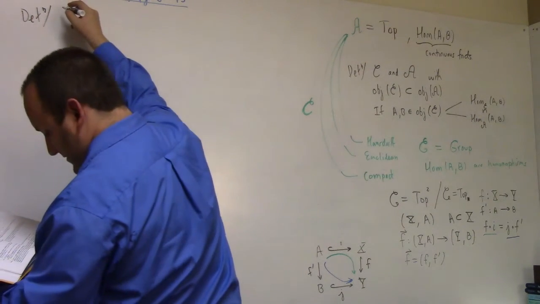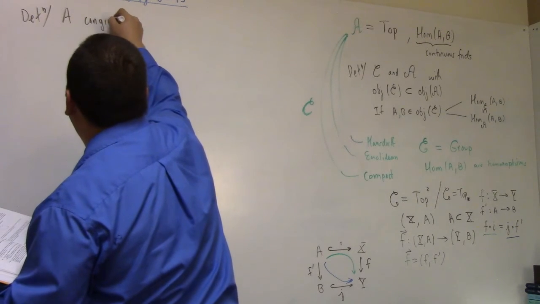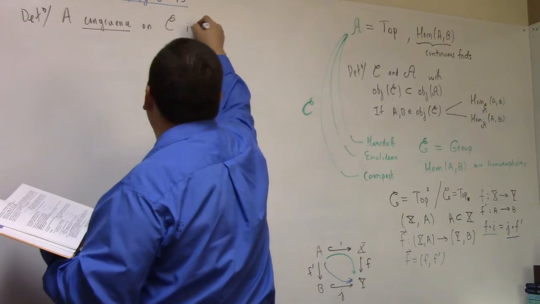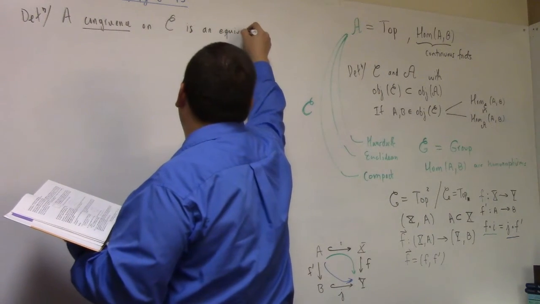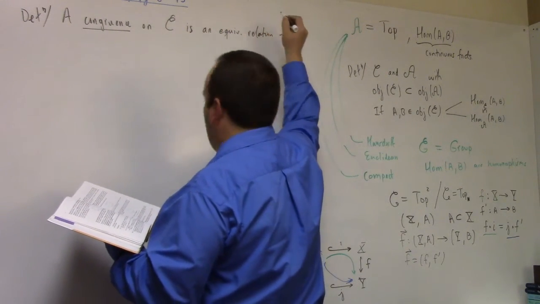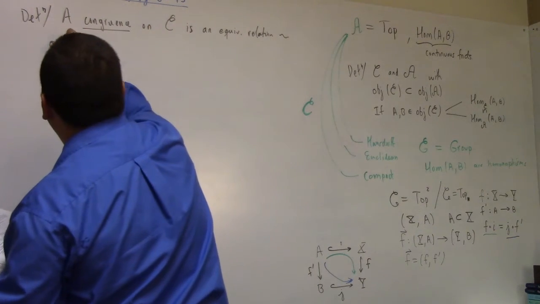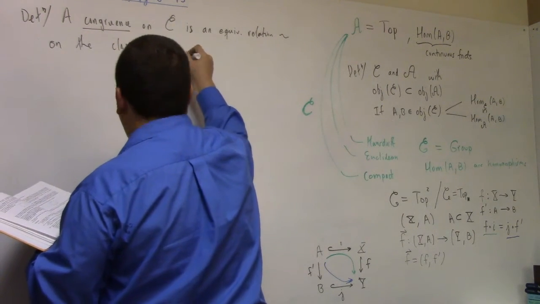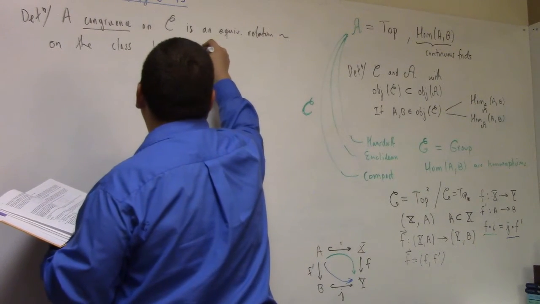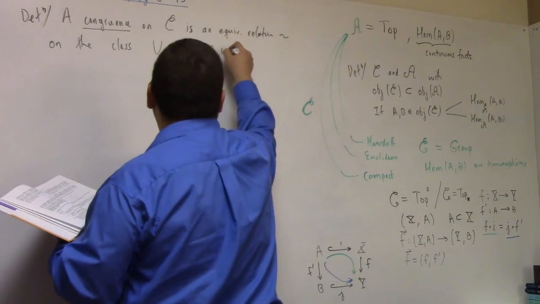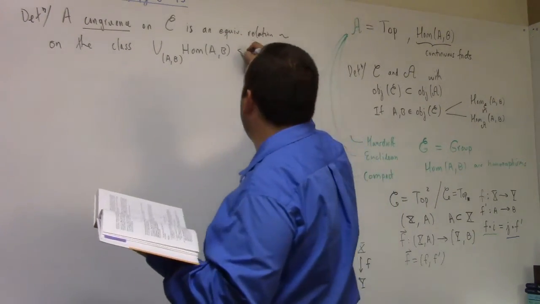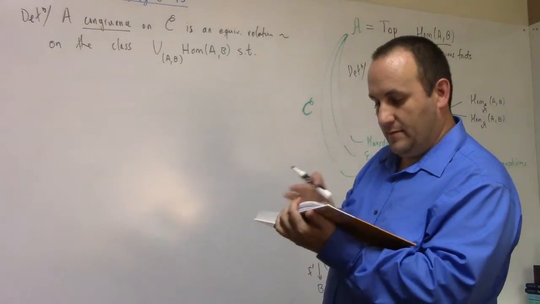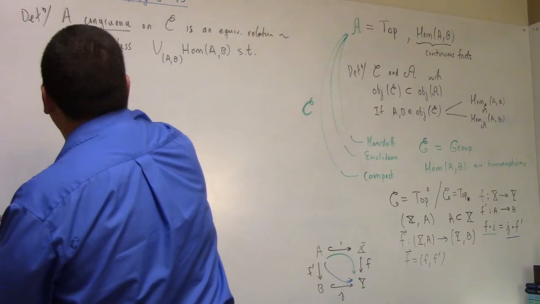Definition: a congruence on a category is an equivalence relation on the class of morphisms, so it's the union over pairs of the morphisms, such that, what does it take to be a congruence in the category?